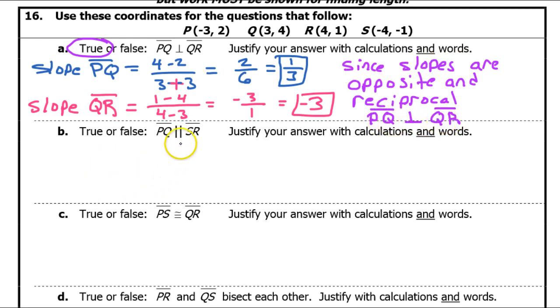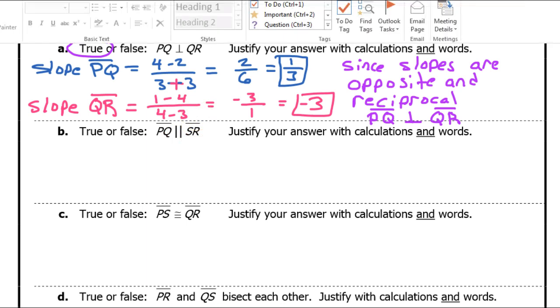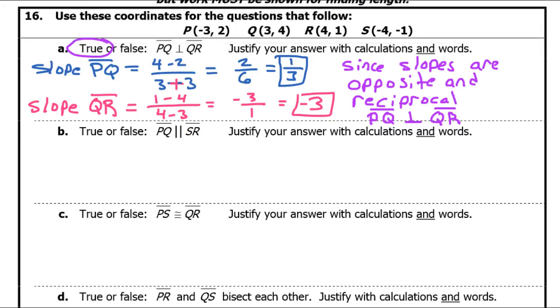Now let's talk about whether or not segment PQ is parallel to segment SR. So we have segment PQ showing up again, so we already know the slope. Slope PQ is equal to 1/3.